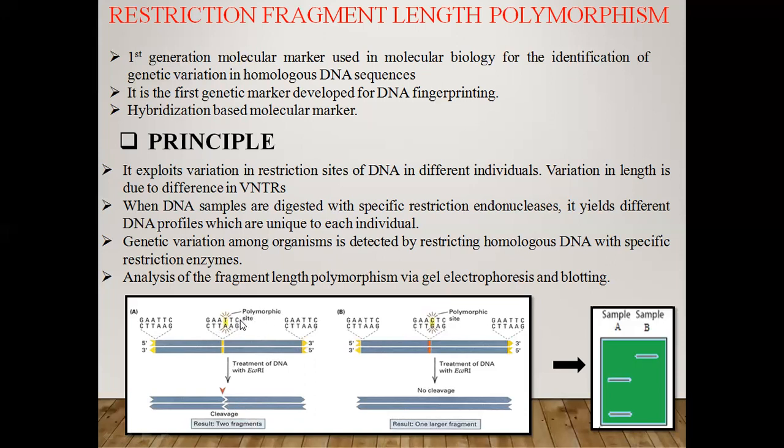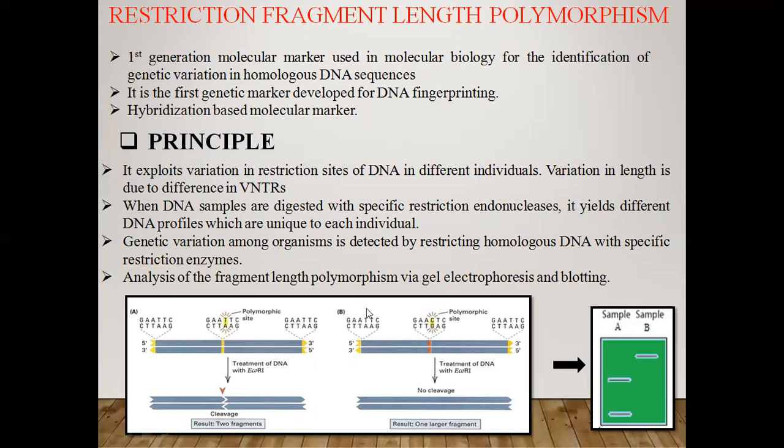If we incubate this DNA with EcoRI, this site will be cut and two fragments will be generated. But if there is a mutation, then there won't be any cleavage and there is only a single fragment.